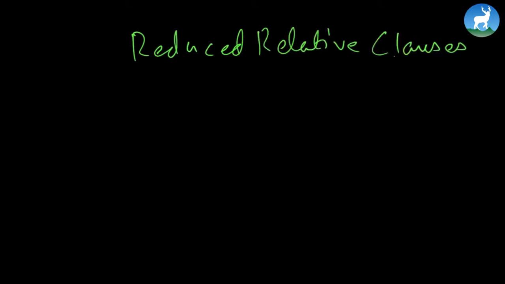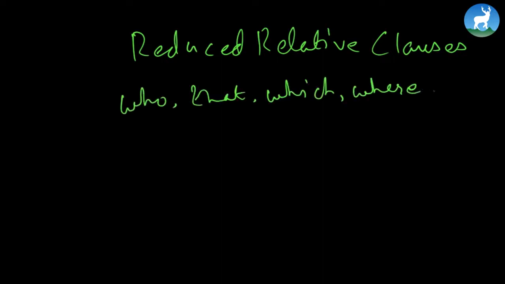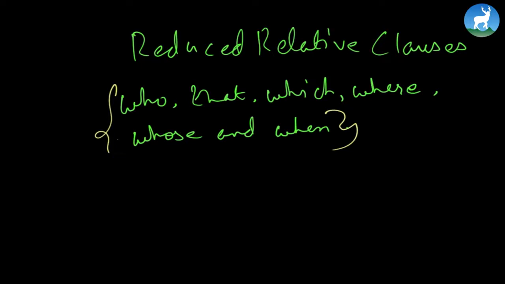Meaning, we are not using relative pronouns, which are who, that, which, where, whose, and when. We can do this without using these relative pronouns, and that's why we call it a reduced relative clause. Two examples have been done for you.